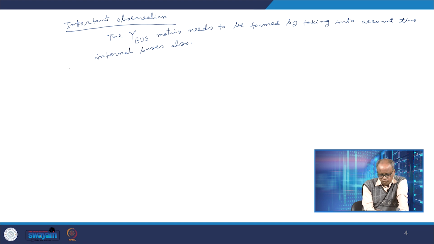So for the original n bus system, the size of the Y bus matrix is 3n cross 3n.